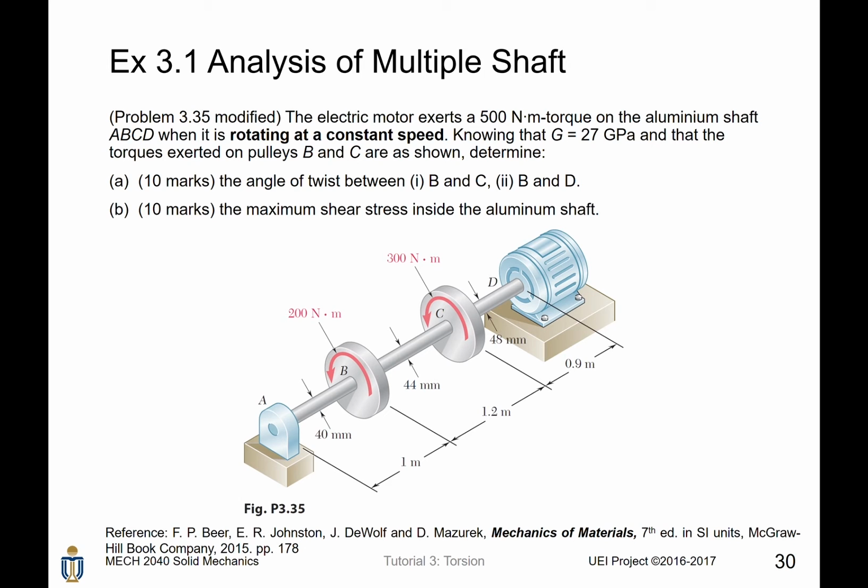Knowing that the shear modulus G equals 27 GPa, the torque acting on B is 200 Nm and the torque acting on C is 300 Nm, we want to determine the angle of twist between B and C and between C and D. Also, we want to determine the maximum shear stress inside the entire shaft.